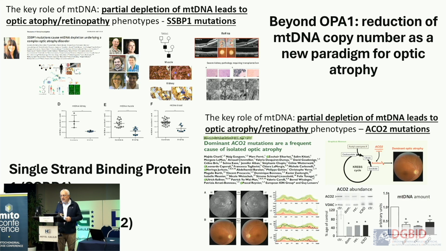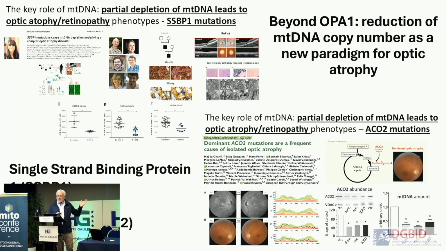SSBP1 is an important factor of the replisome, so this is one of the key proteins needed to replicate mitochondrial DNA and leads to mitochondrial DNA depletion. But anybody in this room knows that mtDNA depletion is usually associated with a very dramatic clinical expression in infantile cases, frequently leading to death in a few months.